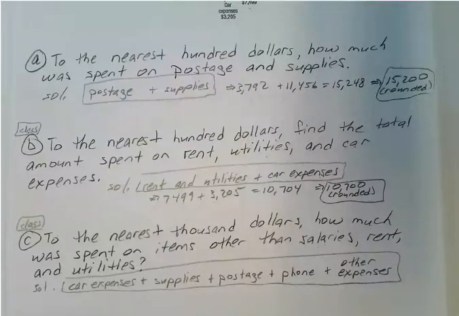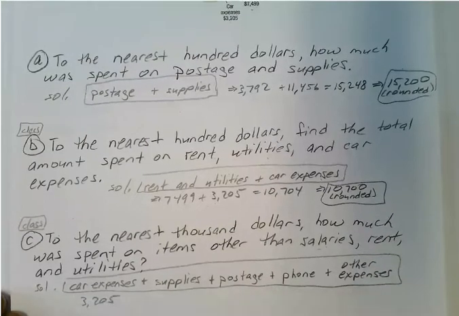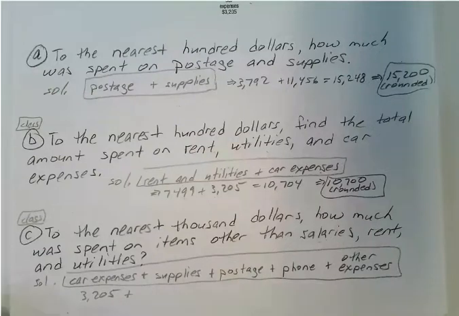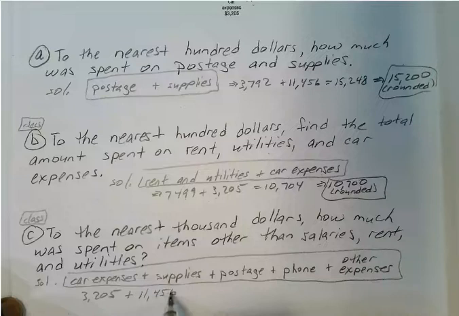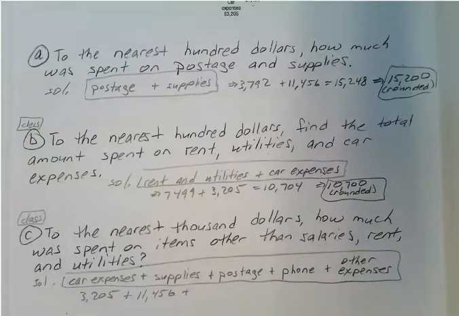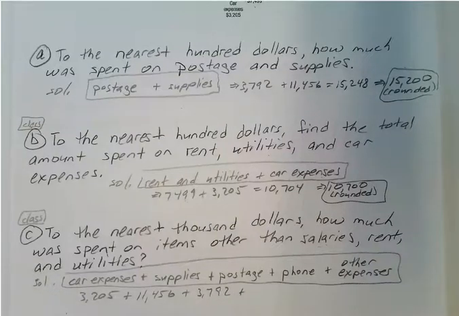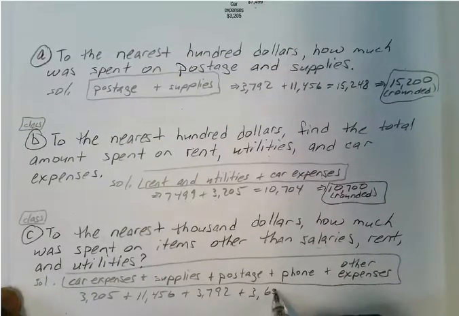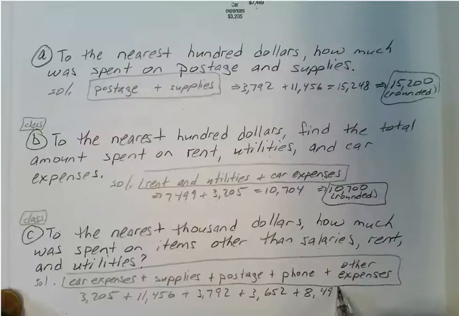Okay, so we know that our car expenses is $3,205, plus your supplies is $11,456, plus your postage, which is $3,792, plus your phone, which is $3,652, plus your other expenses, which goes for $8,496.